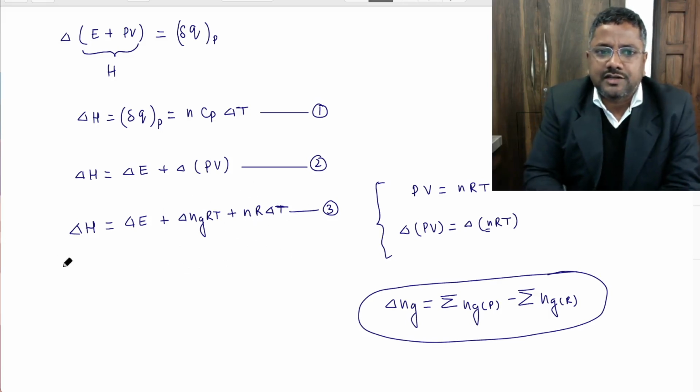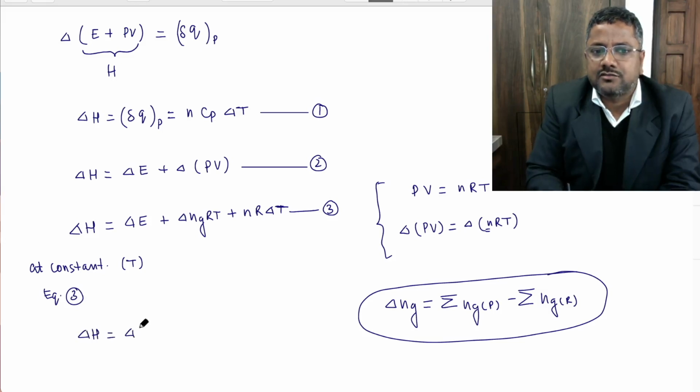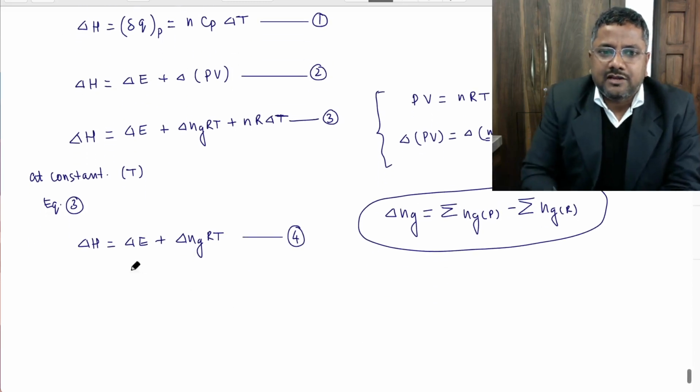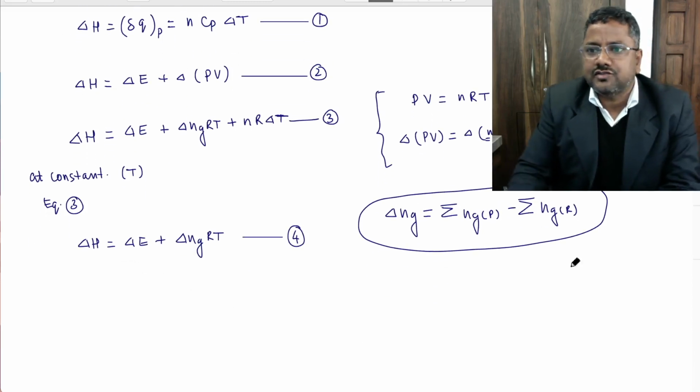So at constant temperature, equation 3 becomes like this: delta H is equal to delta E plus delta Ng RT, right? So for any chemical reaction, you can use this equation.